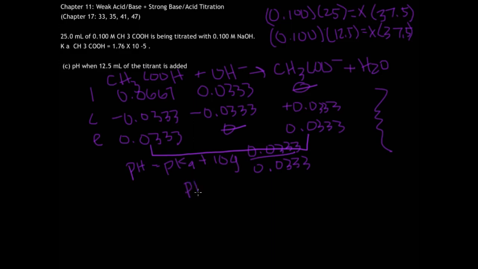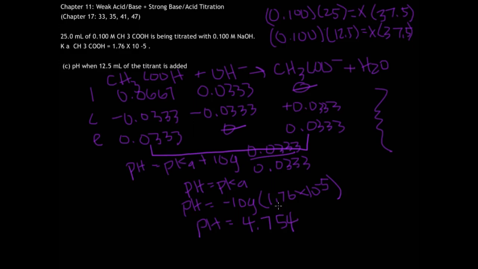So really, pH equals pKa. So pH equals opposite the log of Ka, which is 1.76 times 10 to the negative 5th. All right, so what does pH equal? At this point, the pH equals 4.754.